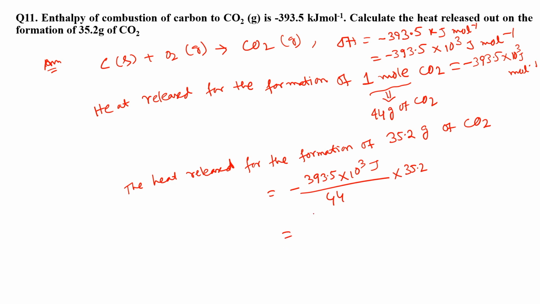If we calculate this, we get 314.8. Since it is a combustion process and heat is getting released, the sign will be reversed here. So, this is in kilojoule, mole is not required here. So, this is 314.8 kilojoule. The sign becomes plus because heat is released here.